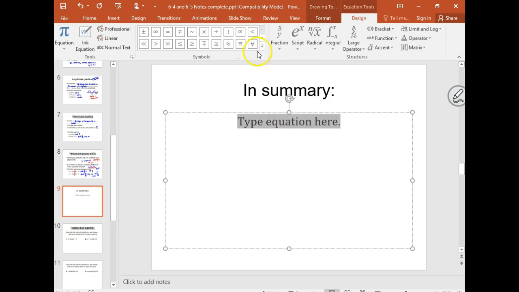So if I have y equals a times sine of bx plus c, plus d.